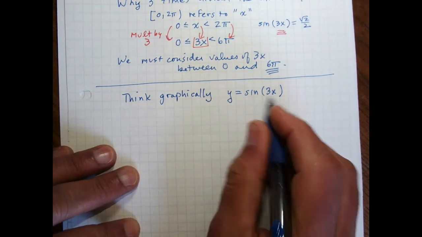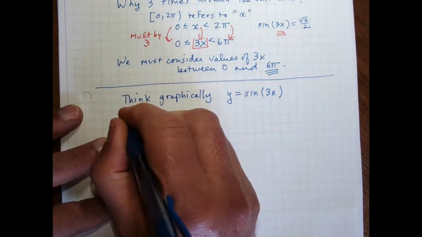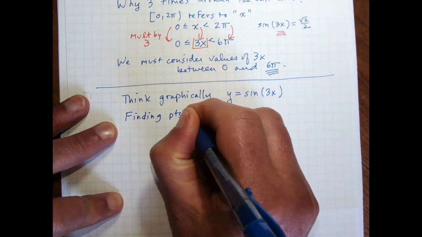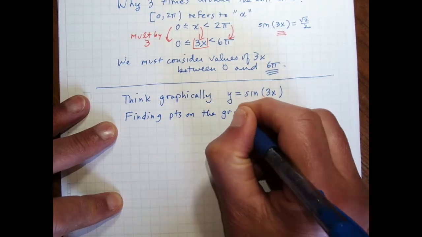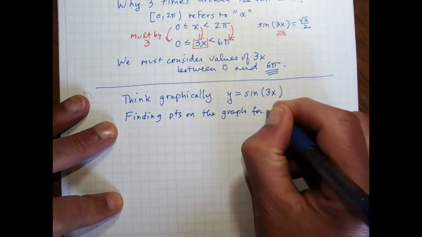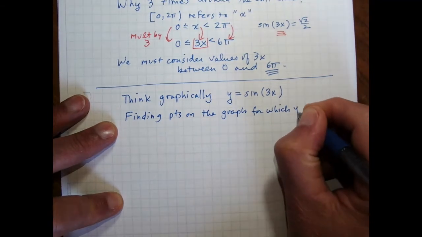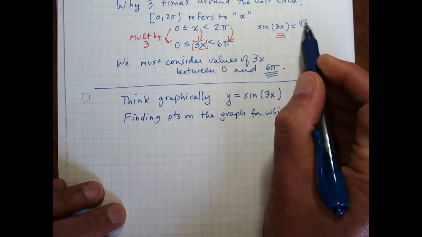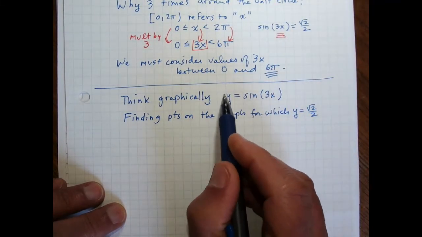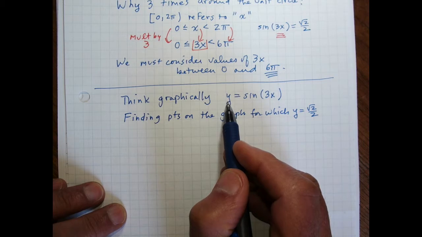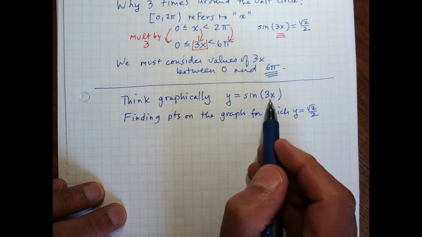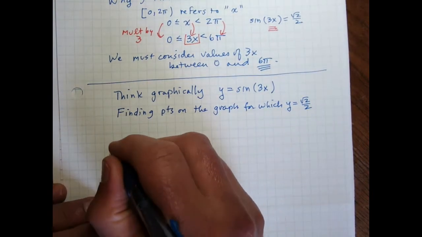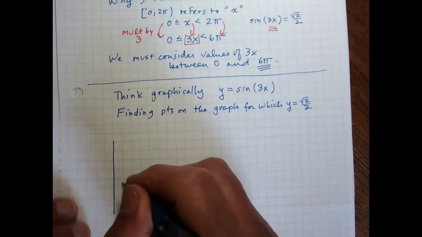And solving this equation is exactly like finding points on the graph for which y is equal to square root of 2 over 2. Our original equation is like setting y equal to square root of 2 over 2 in this equation and finding the corresponding x values.